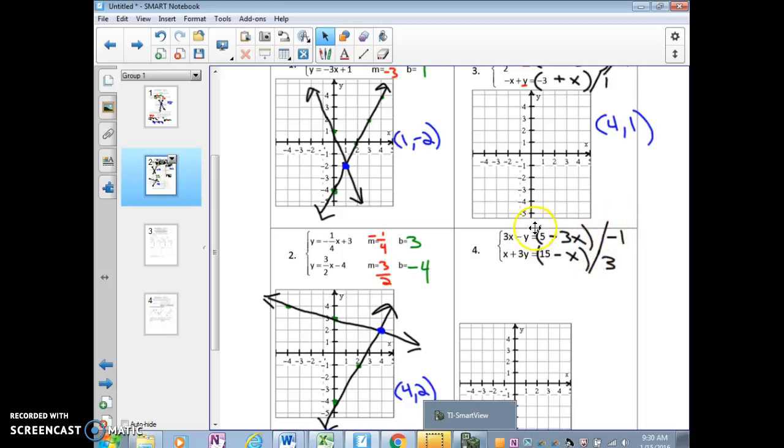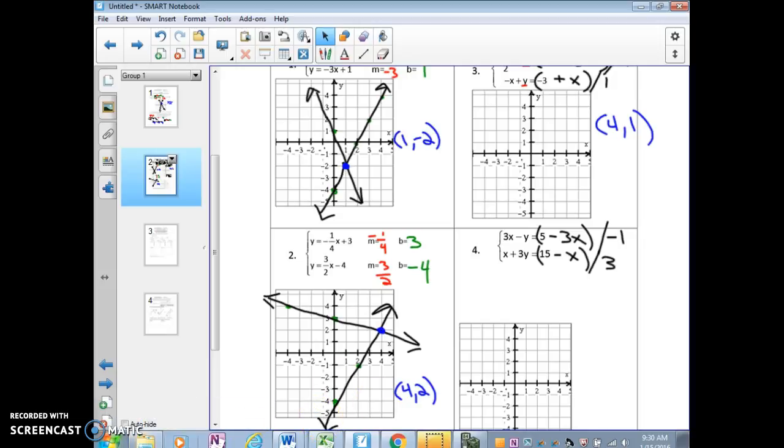We're dividing by -1 because that's a -1 in front of the y. In the second equation, again, we're going to open parentheses, type in the 15 that's already there. We're going to subtract the x term, close the parentheses, and we're going to divide by the 3 that's stuck on the y.